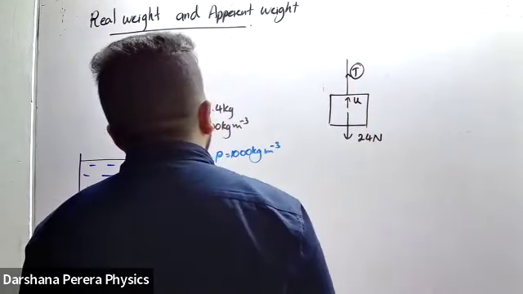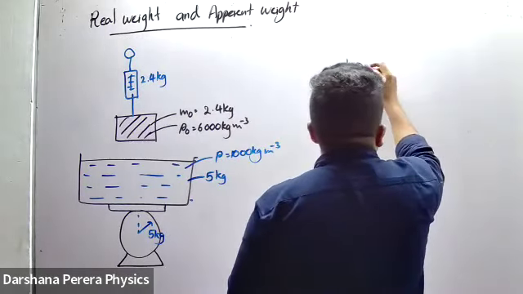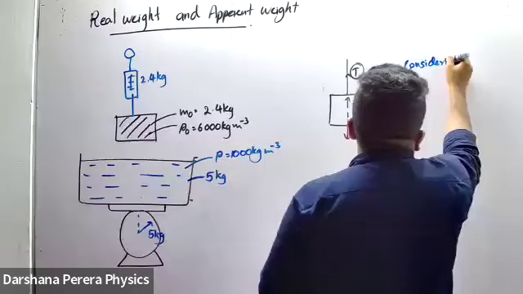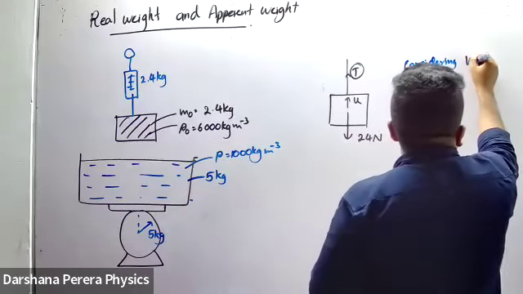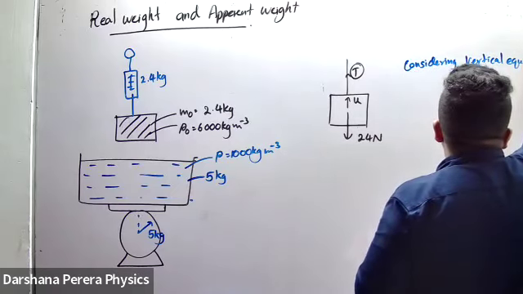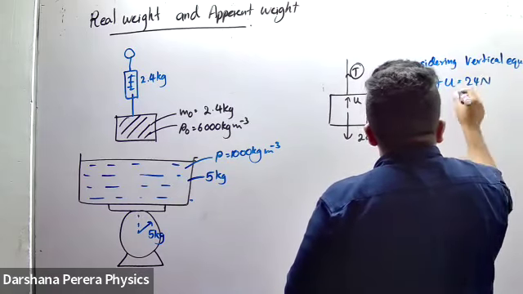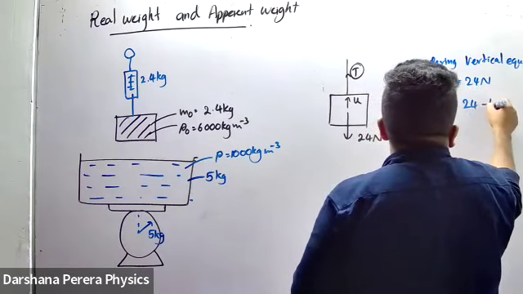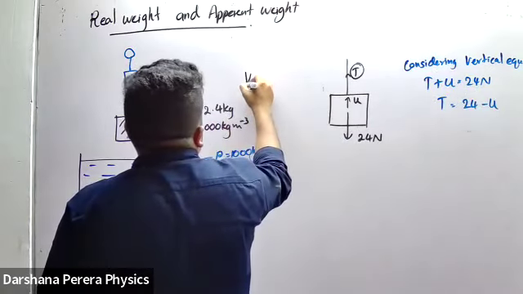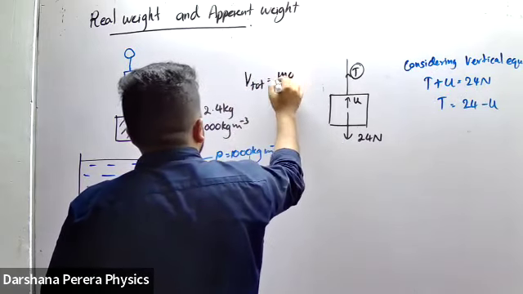So we have to find out the tension because, considering vertical equilibrium, T plus U equals 24. So T equals 24 minus U. Before that, we have to find the total volume. Volume total equals what? M naught over rho naught.